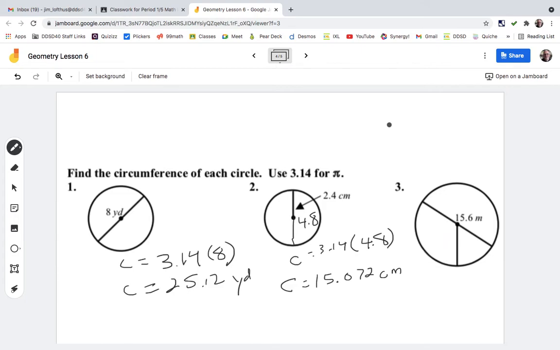And it looks like this one, we're given a diameter of 15.6. So if you interpreted that differently, I don't think it's really clear. And if you cut the 15.6 in half, then that's understandable. But I'm using a diameter of 15.6.